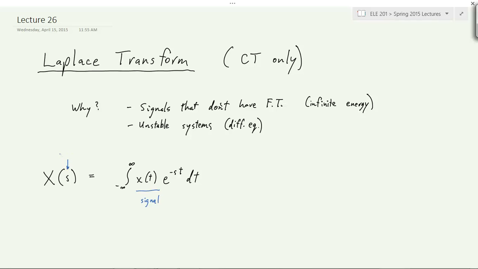Now, s here is complex. So unlike the Fourier transform where we had a frequency f that was real, here we have a complex valued s. So in other words, the domain of X of s is the complex plane.